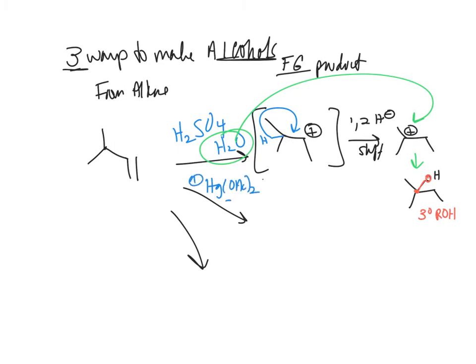Here, what if you added the mercury acetate, and then you did this in water, and then you treated it with sodium borohydride? Well, what's your intermediate? This is your intermediate. So this carbon directs your nucleophile addition.